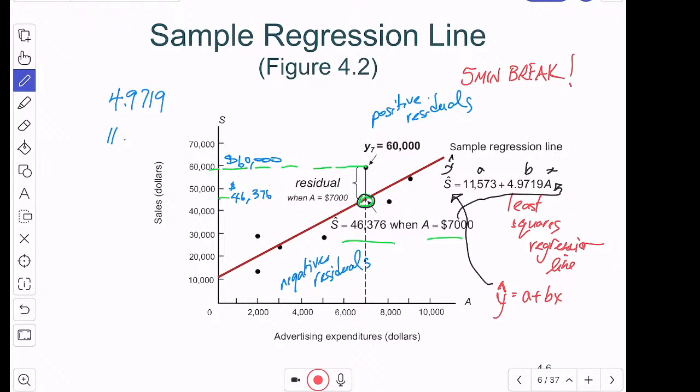Just round this to 5. So B is 5, and A is about, well, it's 11,000, so I'll write down 11,573. And this should be dollars too.